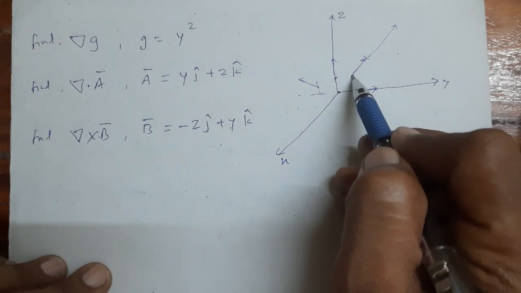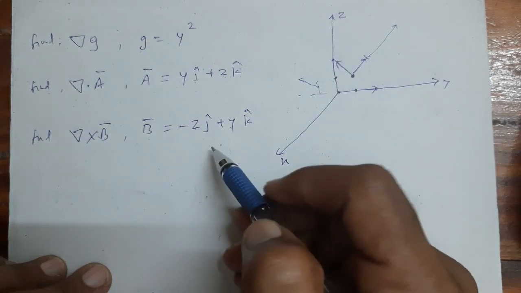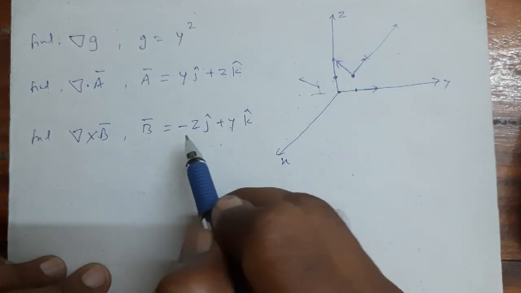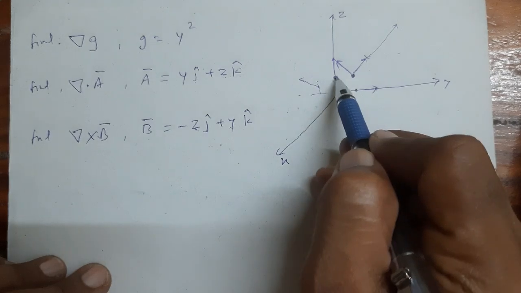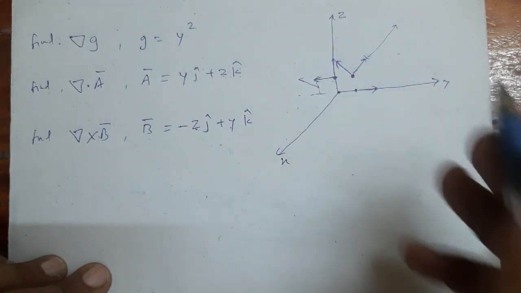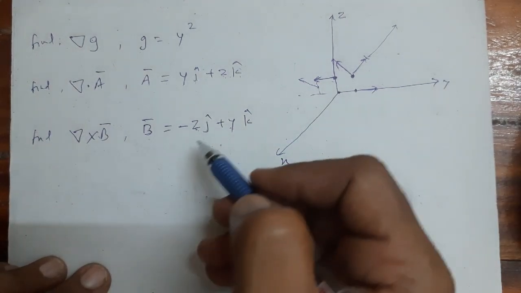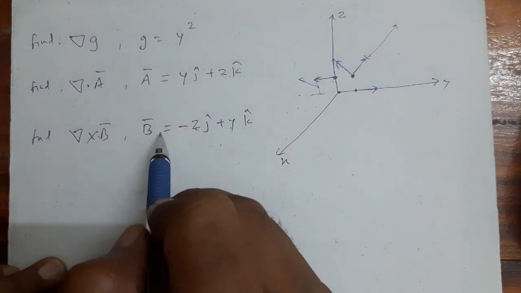Therefore, the vector will be along this direction. If I think about this point, that is 0, 0, 1, then it is minus 1 j cap. Therefore, the vector will be along this direction. And you will have to plot this in the third diagram of Cartesian coordinate system. And then you will have to find the curl of B bar.